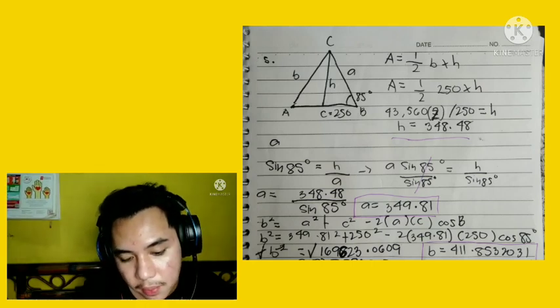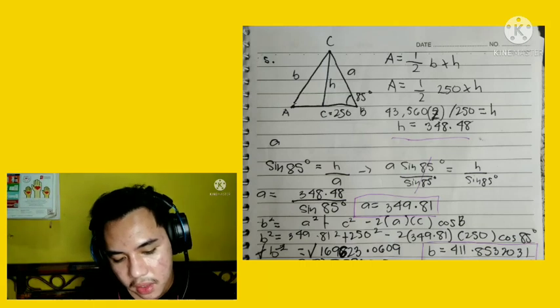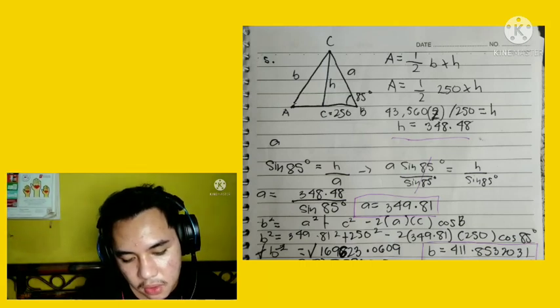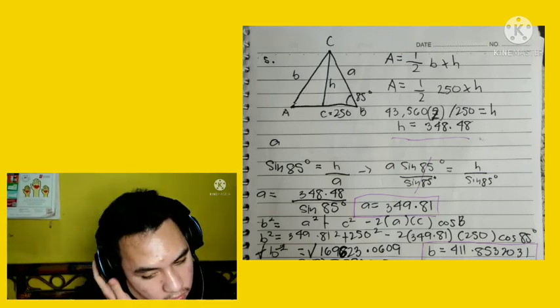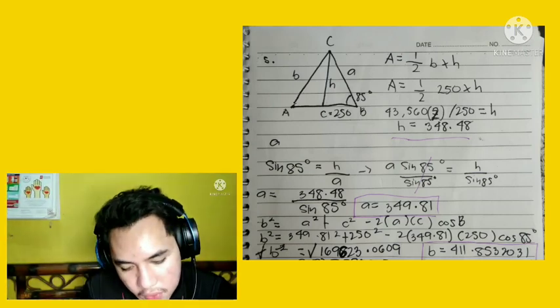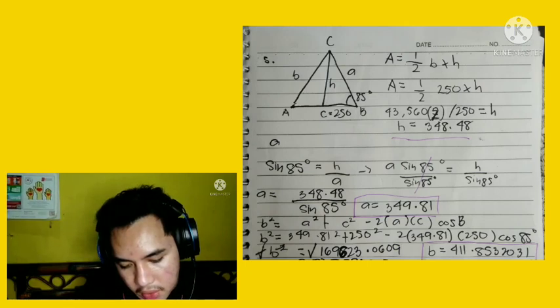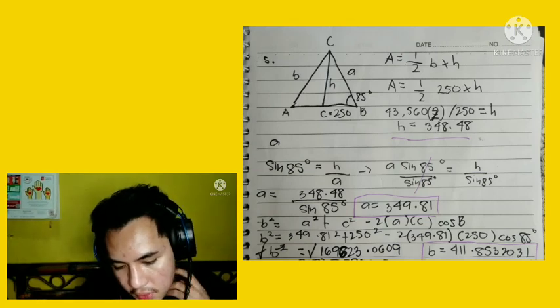And to solve for our b, we have our formula here. b squared is equal to a squared plus c squared minus 2 times a times c cosine b. So b squared is equal to 349.81 squared plus 250 squared minus 2 times 349.81 times 250 cosine 85 degrees.